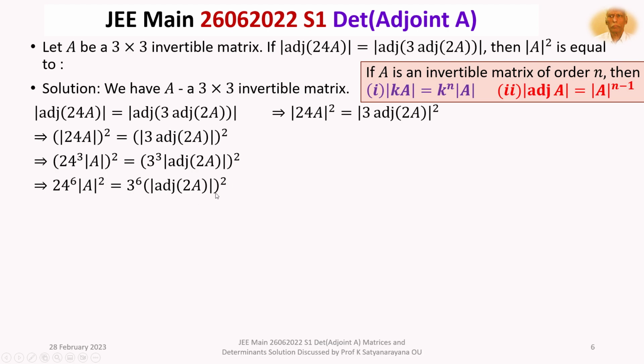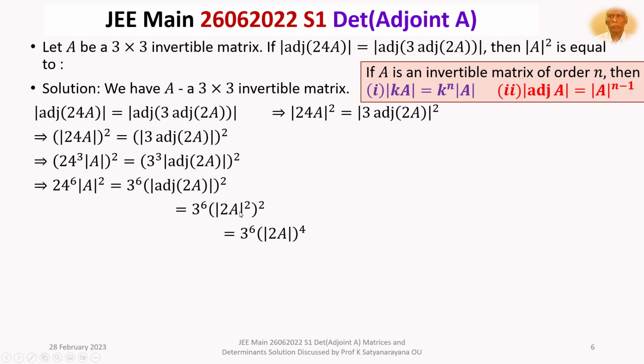Now we will attack this one. That is equal to 3 power 6 into, the square is outside, determinant of adjoint of 2A, which is determinant of 2A to the power of 3 minus 1, 2A square. That is the second result we are using. So now again we go inside.